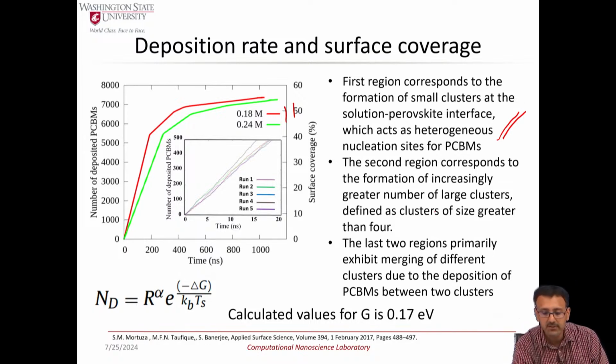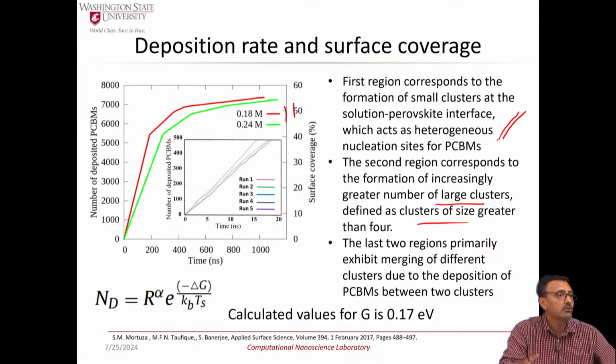As we go to the second region, we have increasingly larger clusters, partly because of the kinetics, and there are not enough empty spots left on the surface for those deposits to happen. And finally, towards the end, there are even fewer spots for the deposition to happen, and we see merging of the different clusters due to deposition of PCBM between two clusters.